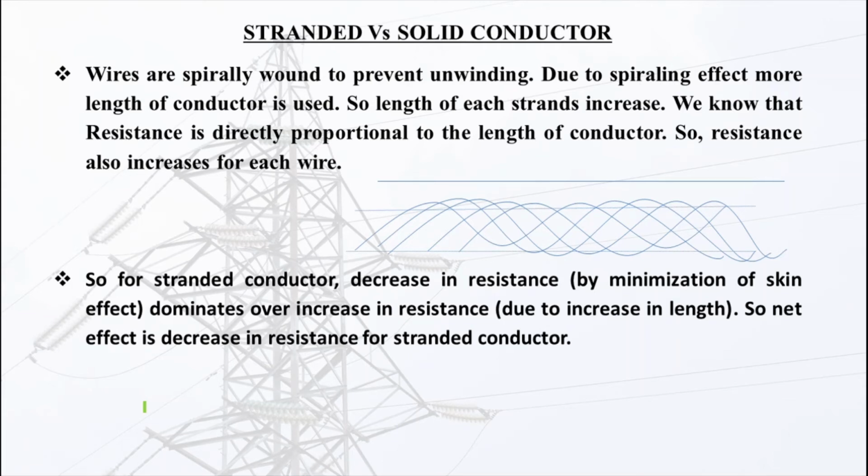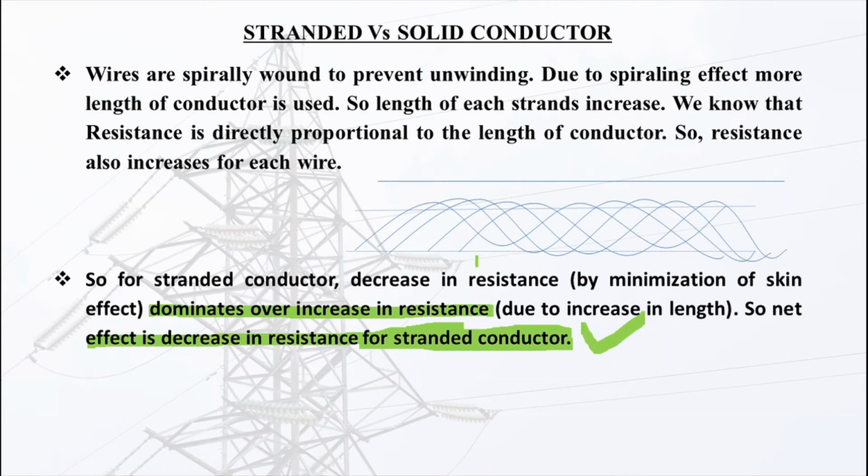See, here the decrease in resistance is more, while the increase in resistance is less, because the decrease in resistance by minimizing R_AC dominates over the increase due to spiraling. So the net effect is a decrease in resistance. So overall resistance of the stranded conductor decreases. That's why stranded conductors are advantageous in this way.